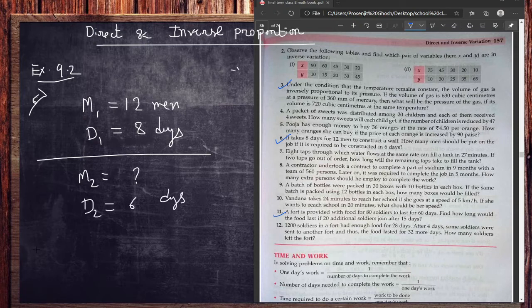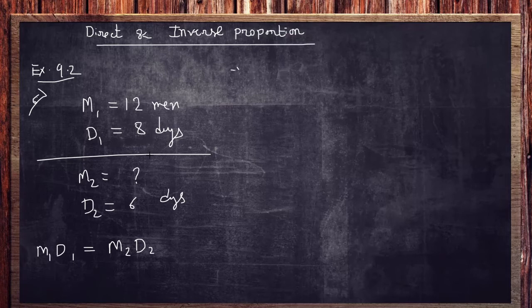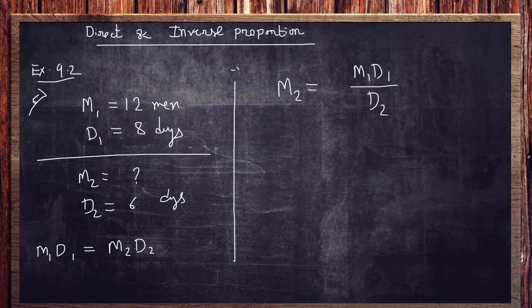We know that the product will always be constant. So we will do it like that. M1 D1 equals M2 D2. And what we need over here is M2. So we have to rearrange the equation in the form of M2 first by cross multiplication, and finally we will get M1 D1 by D2.